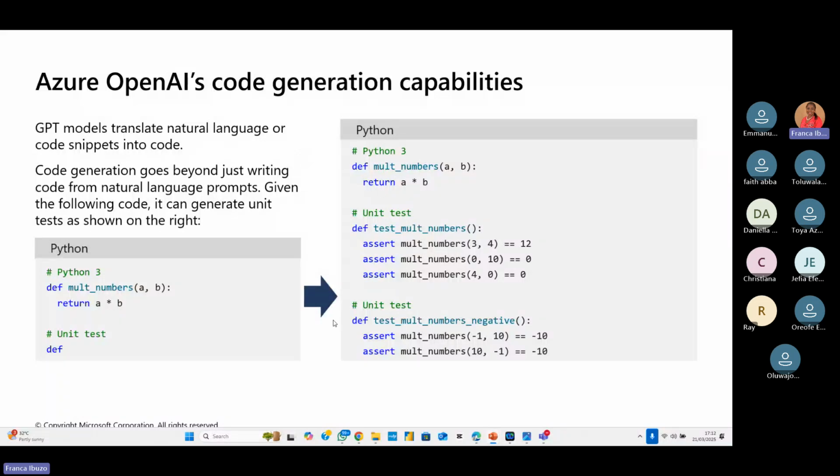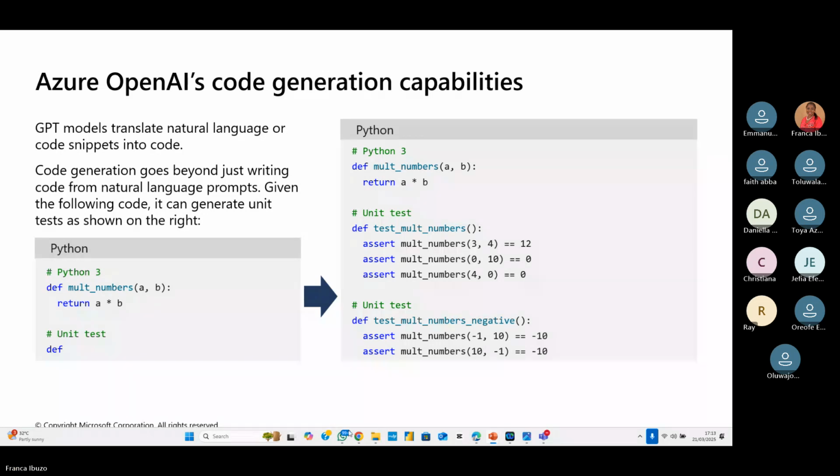So this returns A times B. 3 times 4 is 12 here. 4 times 0 is 0. 0 times 10 is 0.